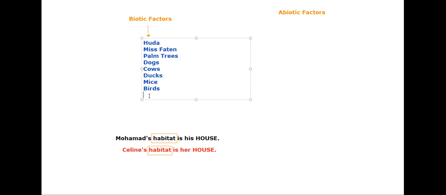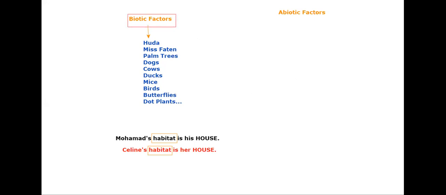Flower. Butterfly. Butterflies, yes. Insects. Plants, tree, orange. There are too many. So all the things that are living things, we call them biotic factors. Biotic factors are the living things.